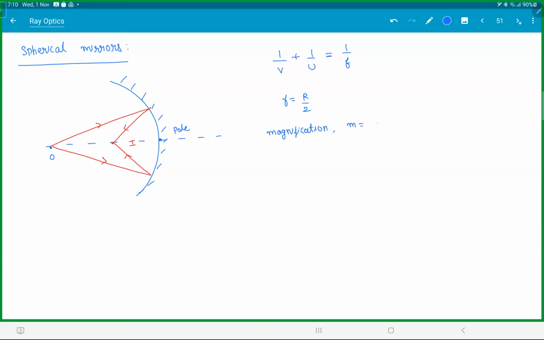Magnification M, which is nothing but height of the image by height of the object, is given by minus V by U. U is object distance from pole.